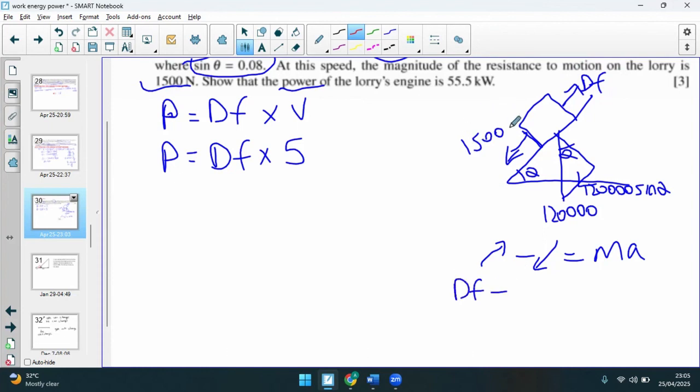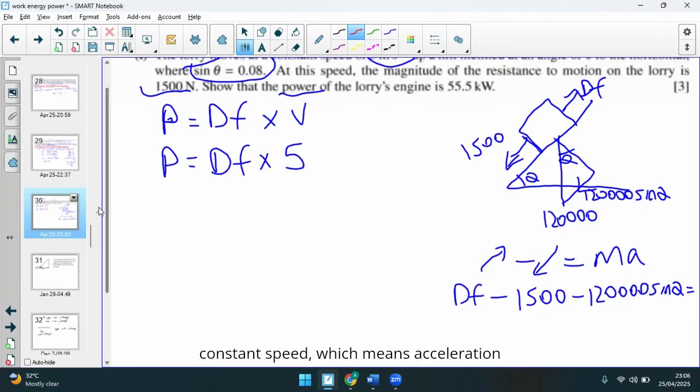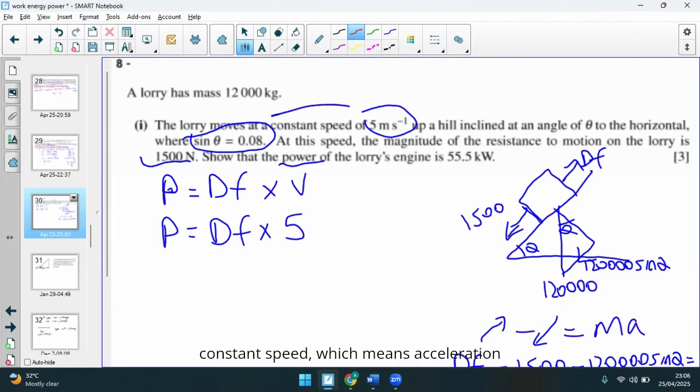And also going down is your 120,000 sine theta. Right now, ma is going to be 0 because it's a constant speed, which means acceleration is 0. Okay, so that is just going to be 0.